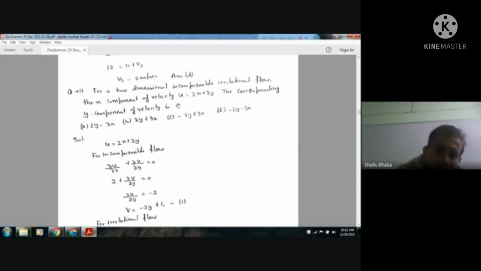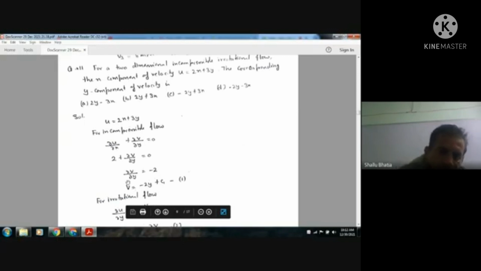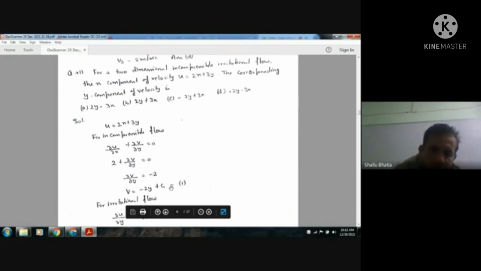For incompressible flow, as we have derived in the previous question also, curly u by curly x plus curly v by curly y is equal to 0. Here curly u by curly x is 2, so curly v by curly y is minus 2. Integrating, we get v equal to minus 2y plus c1. This is equation number 1.